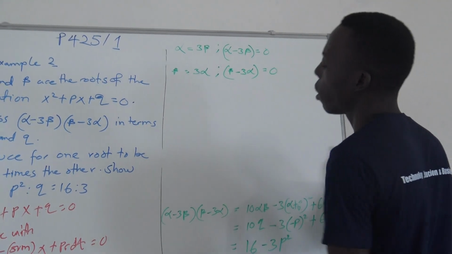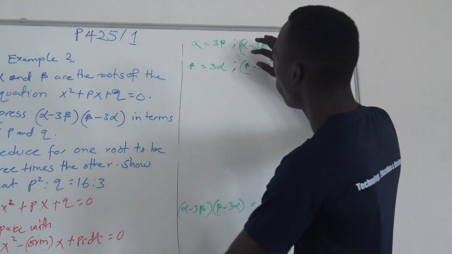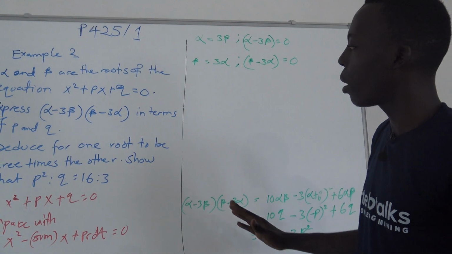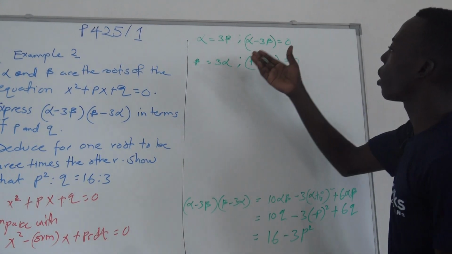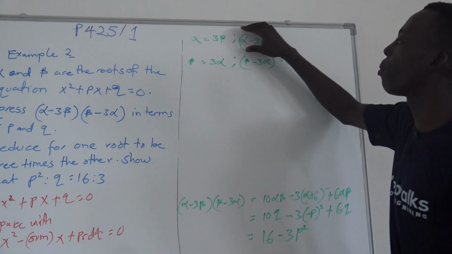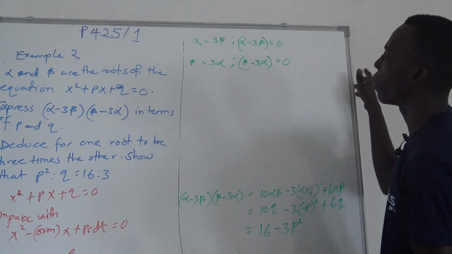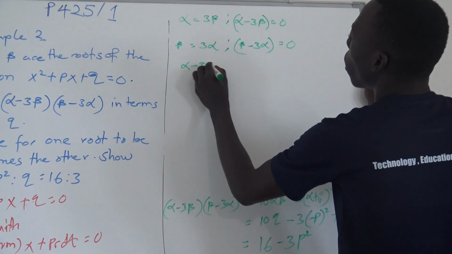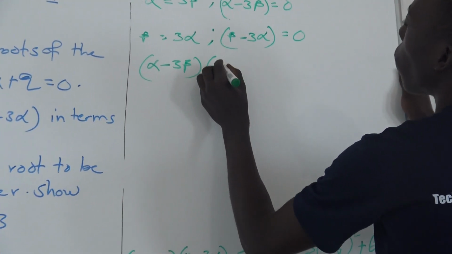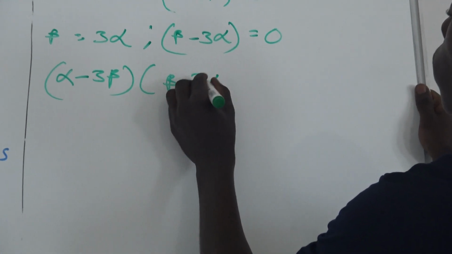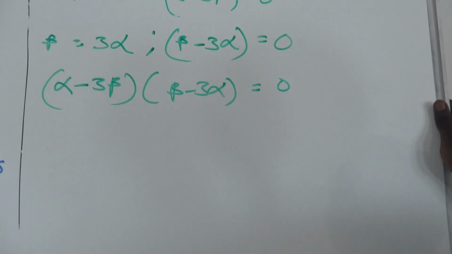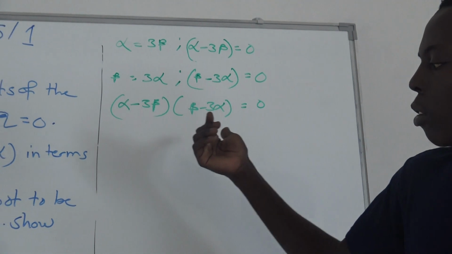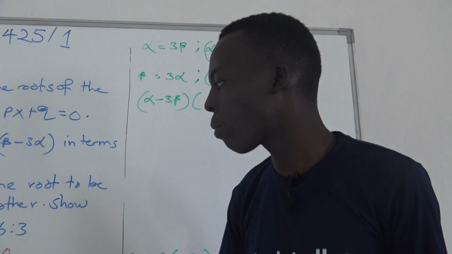So how do we prove that? From here we have seen that for it to be 3 times the other, it is going to be like this. But also from here we can just multiply this one, then we equate to 0. So for this case it will be alpha minus 3 beta times beta minus 3 alpha, and this gives us 0.